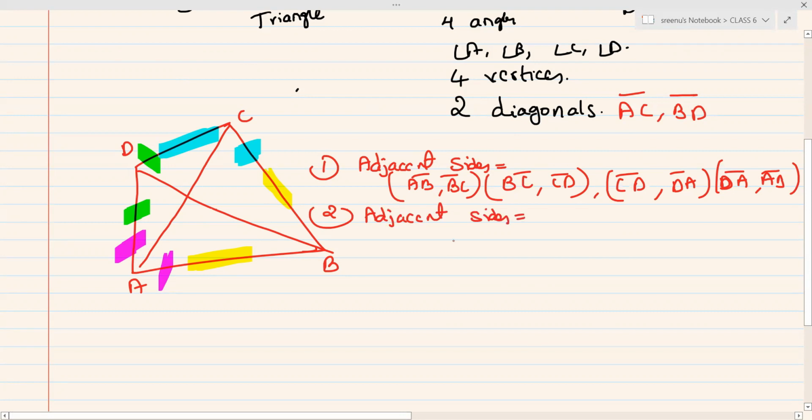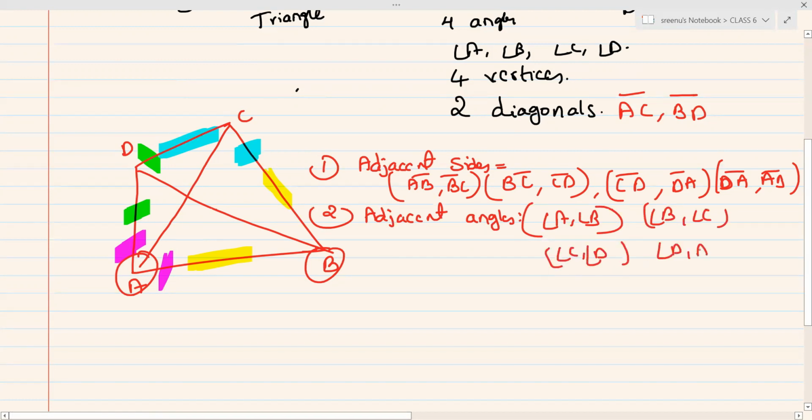Like in 6th class, we learn all the basics. Adjacent angles: A and B is one pair of adjacent angles. Next, B and C. Next, C and D. Next, D and A.